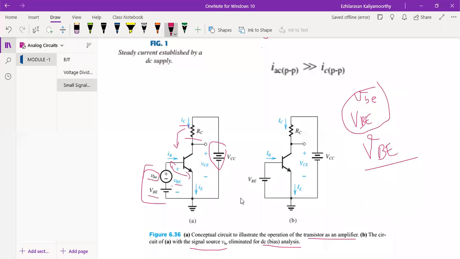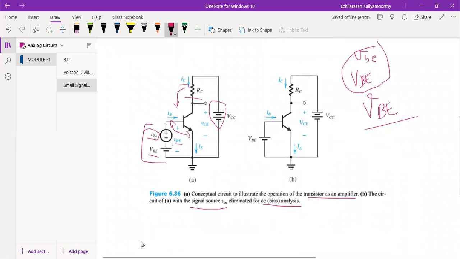Now, to make the circuit work as an amplifier, the signal source vbe should first be eliminated for the DC bias analysis. To eliminate it, you have to set vbe equal to 0.